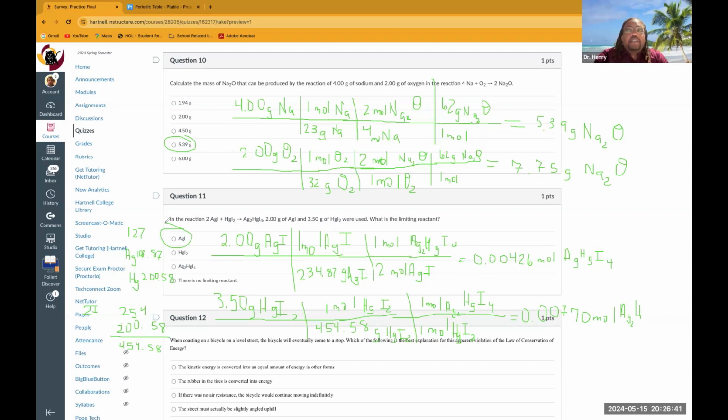Wait, why is silver iodide the limiting reactant again? Because it's the lower value, it produces the lower amount of the silver mercury 2 iodide. So it's 0.0046, and this guy is 0.00770.